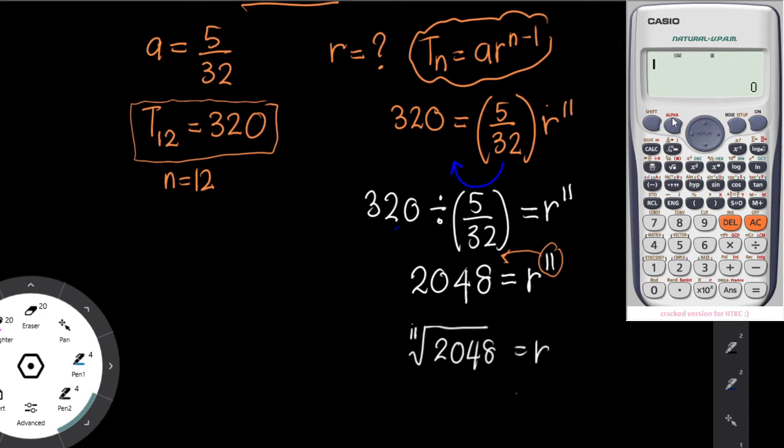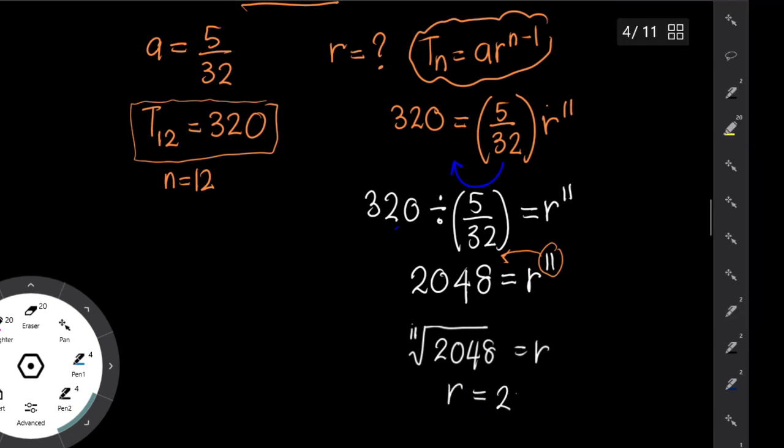Press 11 first, the power, then press shift and press this one, the root, because you can see the small symbol there. Then 2048. So we get our r is 2. So we already got our r here. The common ratio is 2.